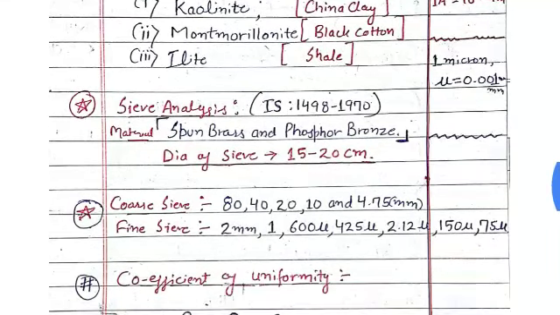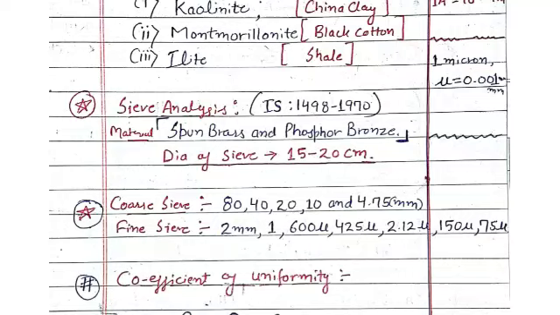Following are the diameters or classification of sieve. For coarse sieve, sets are 80 mm, 40 mm, 20 mm, 10 mm and 4.75 mm.